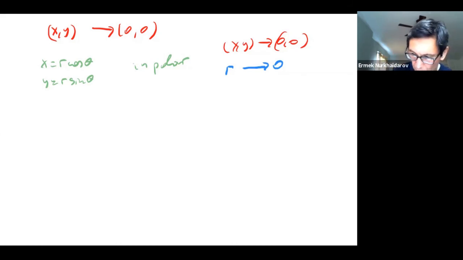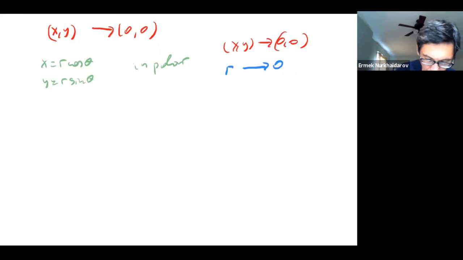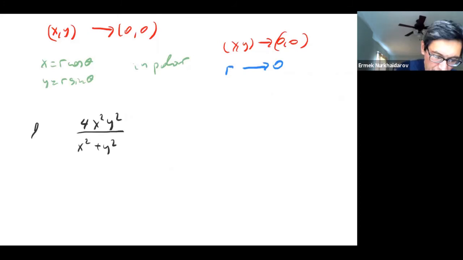So we'll start with our function, limit of which we want to find, 4x squared y squared over x squared plus y squared. The limit of this one when x, y is approaching 0, 0.